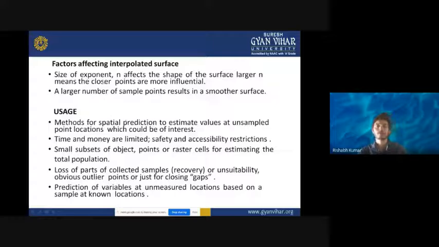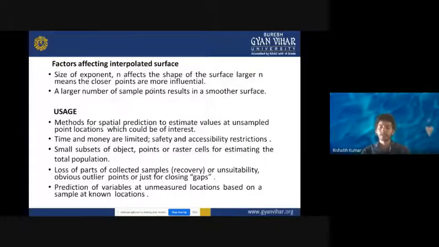Okay, so factor affecting the interpolated surface, size of exponent n affects the shape of a surface. Larger n means the closer points are more influential. Okay, तो अगर n का आपका n अगर आपकी वैल्यू ज़्यादा होगी, यानी कि n equal to 2, n equal to 3, so that would mean that जो आपके पास वाले जो पॉइंट्स हैं, द मोर इन्फ्लुएंस दे विल हैव, है ना, as compared to the points that are farther away.